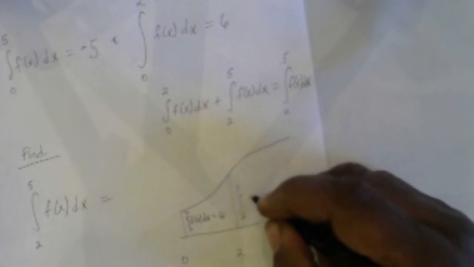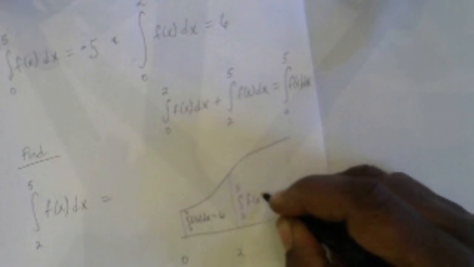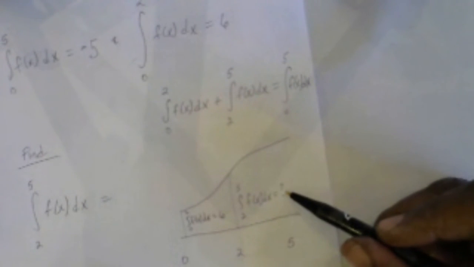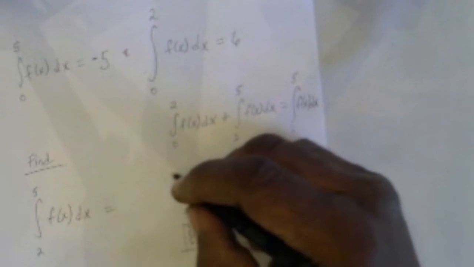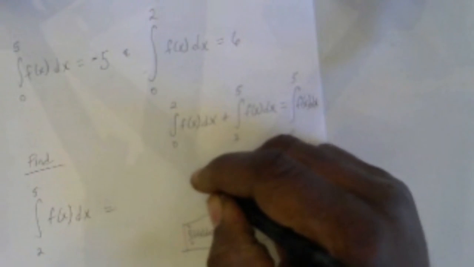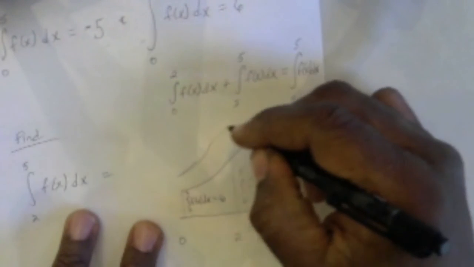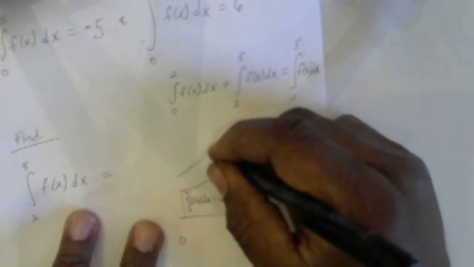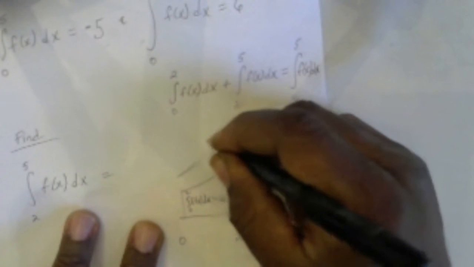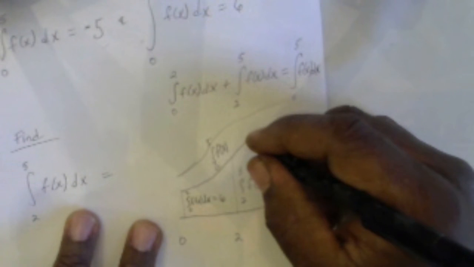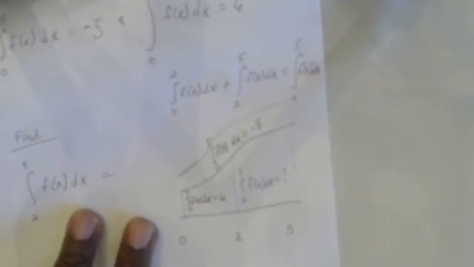The integral from 2 to 5 for f of x dx, that's unknown. But the integral from 0 to 5, which is this entire region, is -5.